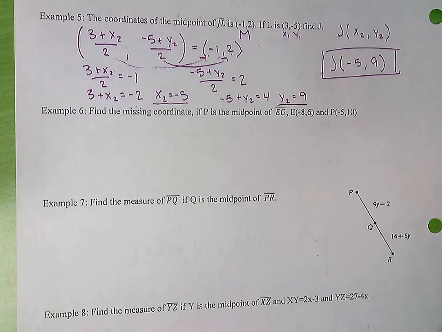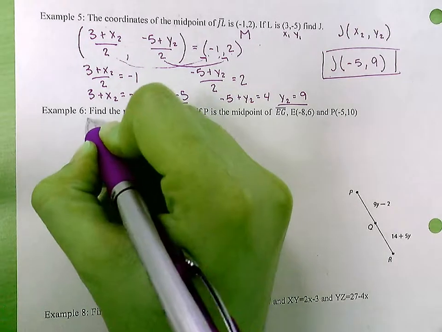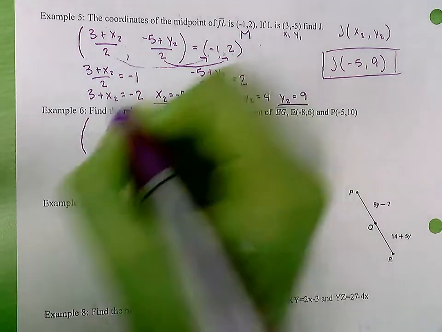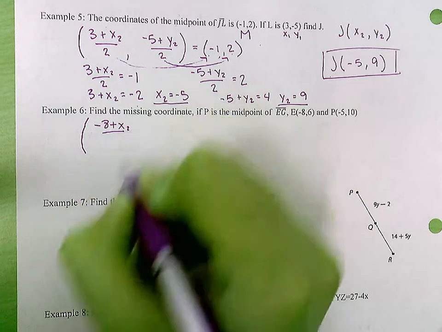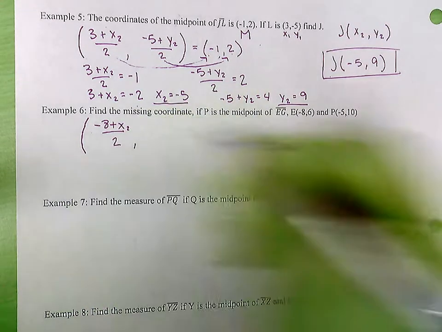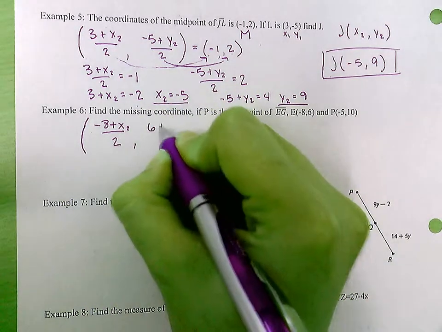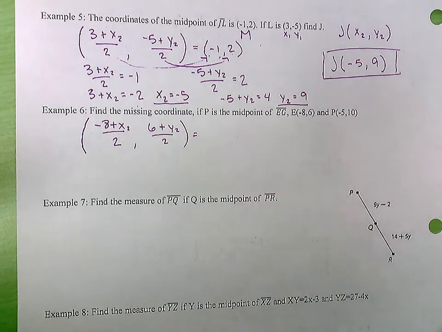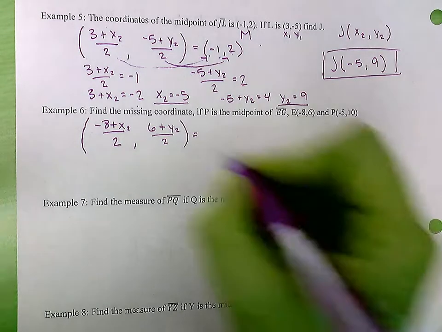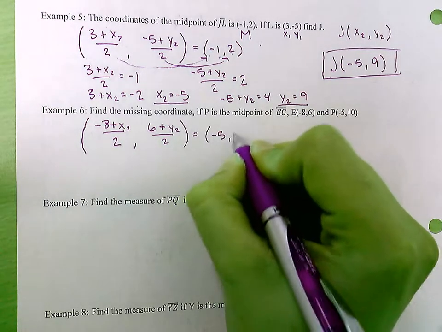All right, number 6. So using the midpoint formula, setting it up, I have negative 8 plus x, we'll say x sub 2, over 2, and 6 plus y sub 2 over 2. That's equal to the midpoint, which is P, negative 5, 10.